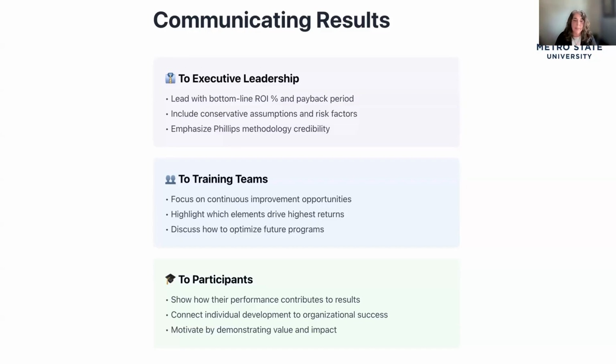So that connecting to participants and then connecting it to their individual development and how that gets to organizational success, I think this can be really motivating. I don't know if it's only motivating at the moment or if it fades, but I think it's a really important thing to think about.